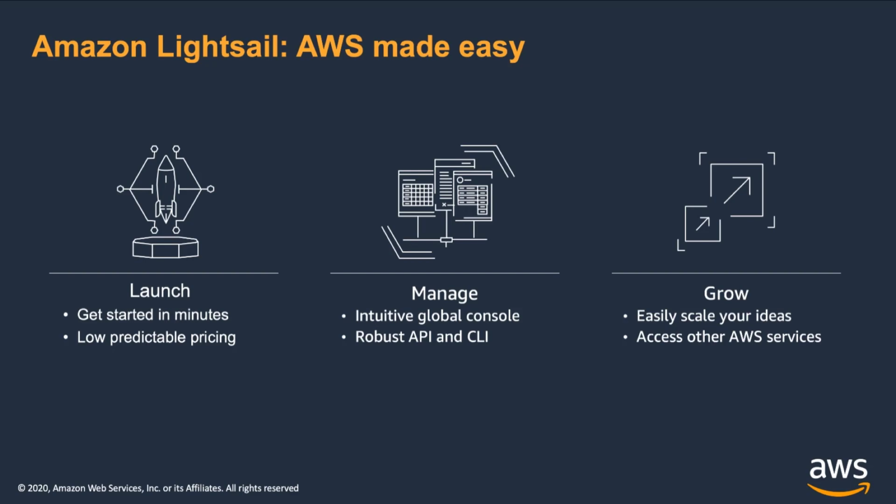So if you go set up an instance on a popular VPS provider, and you say, well, I need a message queue. Well, you're going to have to install something like RabbitMQ and manage it yourself, right? With AWS, you can just use our message queuing services and all of that other stuff to expand your application.